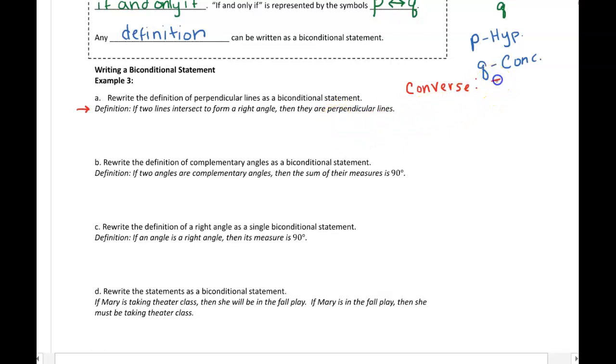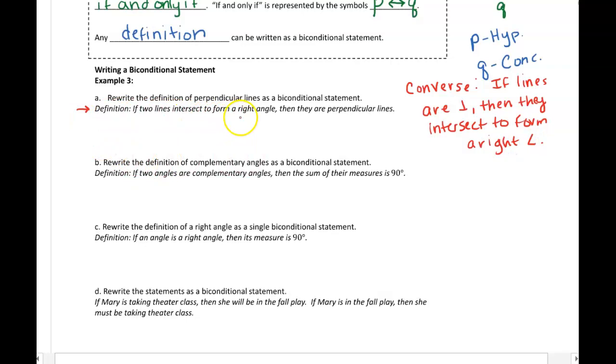So the converse would be: if lines are perpendicular, then they intersect to form a right angle.